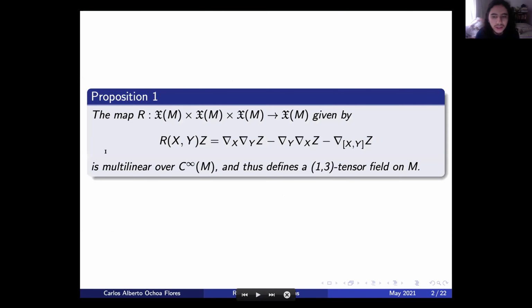Okay, now the map defined by this difference is multilinear over C infinity, and there is a result that says that if a map of this type is multilinear over C infinity, then it defines a 1-3 tensor field on M. Yeah.